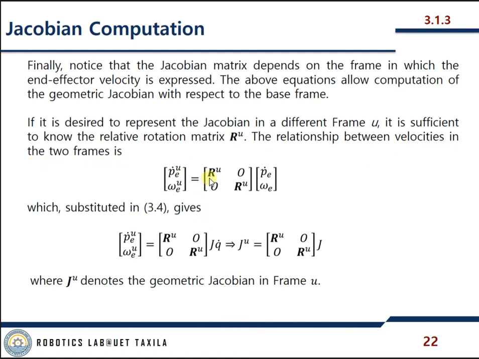You can simply use this rotation matrix and multiply it with both the linear and angular velocities, and then represent it with reference to the U frame, which substitutes in 3.4 and gives this. So you can represent the Jacobian in any other frame once it is represented in the base frame.